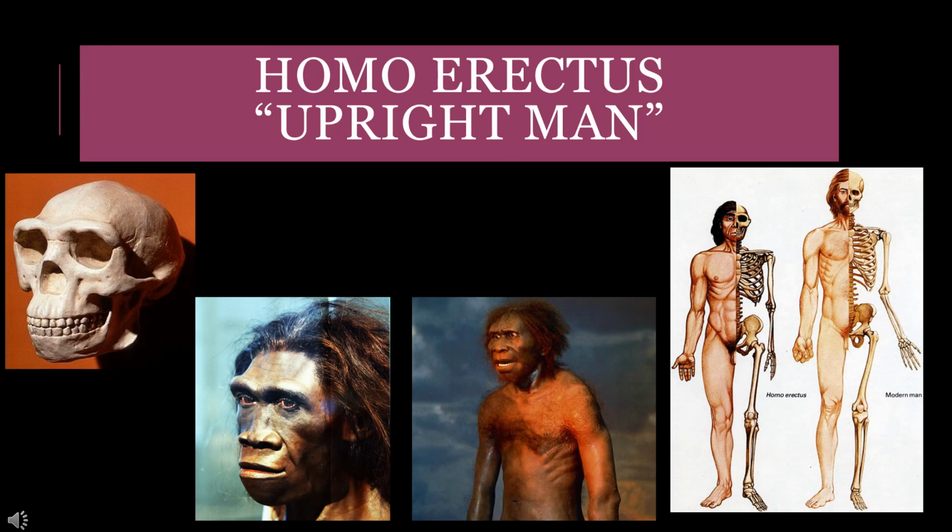The second hominid species you should know about is Homo erectus, which means upright man. They got this nickname because they were the first bipedal hominids, meaning that they walked on two legs. Homo erectus inhabited Africa and spread to India, China, and Java from around 1.3 to 1.8 million years ago. Compared to Homo habilis, they were slightly taller with more proportionate arms.